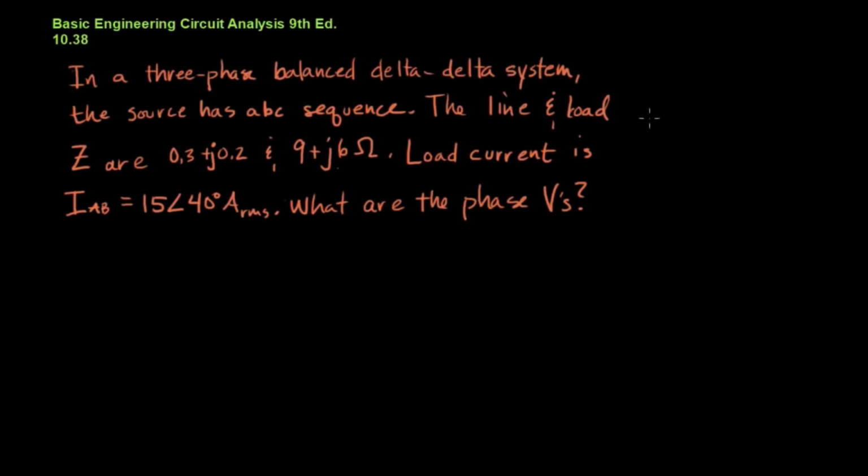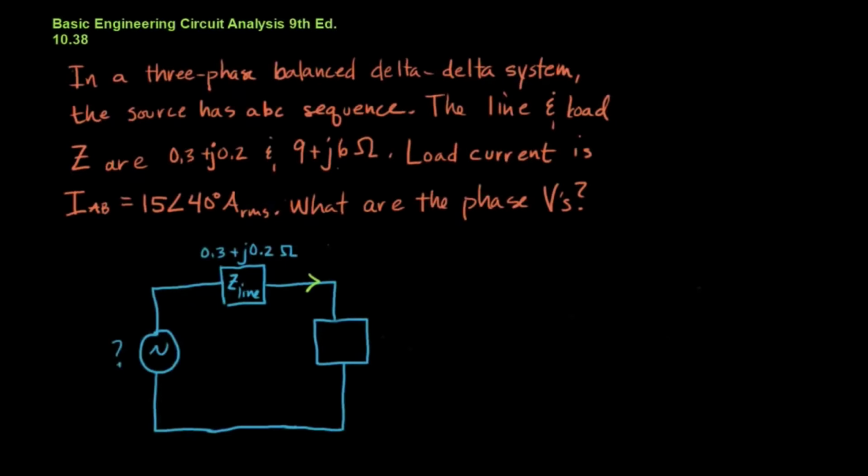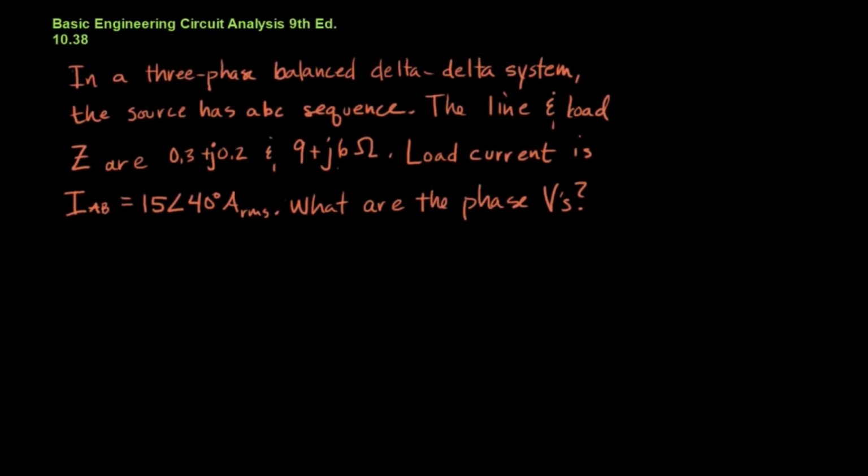Okay, that means we have what we don't want. We have something that looks like this. Okay, it's a really complicated circuit to solve. 4 meshes. It's just a nightmare. We don't want to deal with it. So we're going to convert it into something more simple.